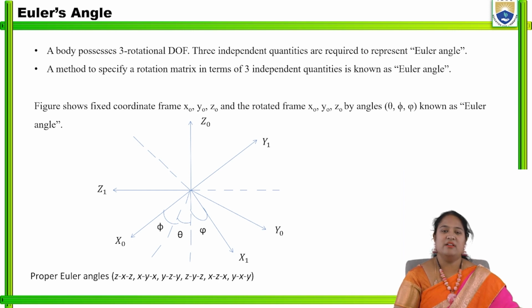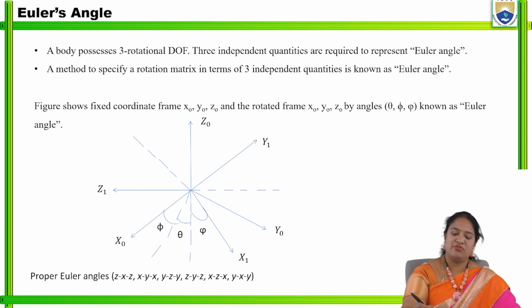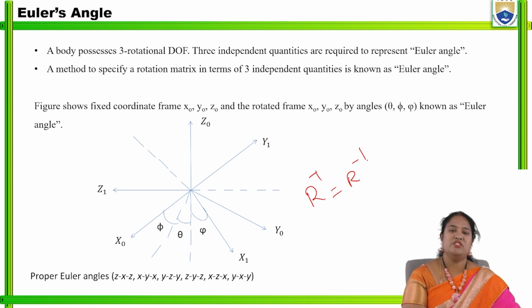There we were using a three-dimensional or two-dimensional rotational matrix, and we said that the inverse of a rotational matrix should be equal to its transpose. That was determined in the rotational matrix.